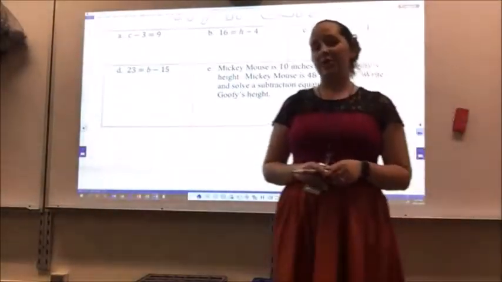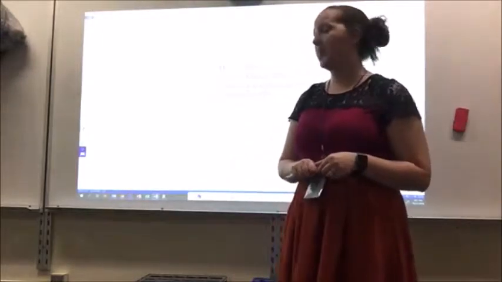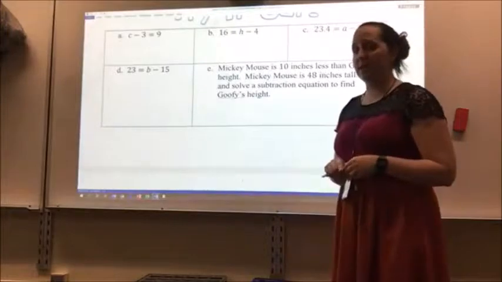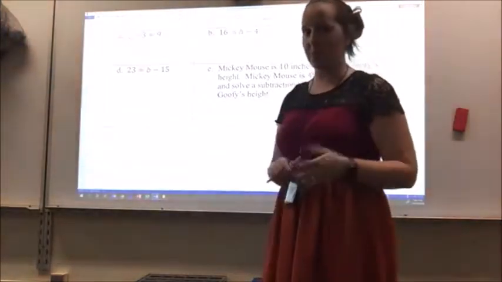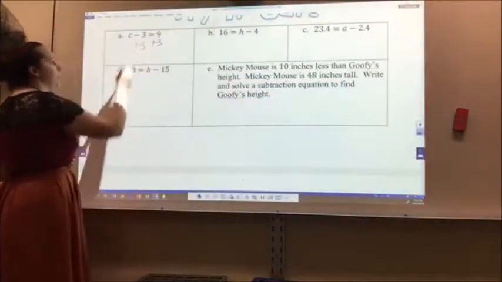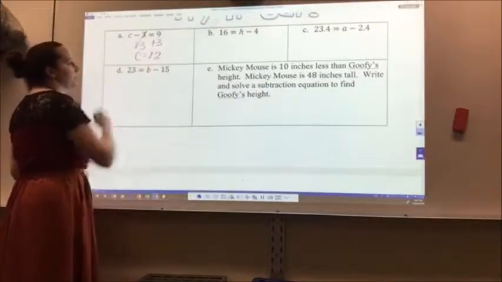All right, now that you've had a chance to try out the try-it problems, let's go over the answers together. The first one I have is A, c minus 3 equals 9. In order to do this, I need to apply the addition property of equality by adding 3 to both sides of the equation. So this cancels, and I'm left with c, 9 plus 3 gives me 12.